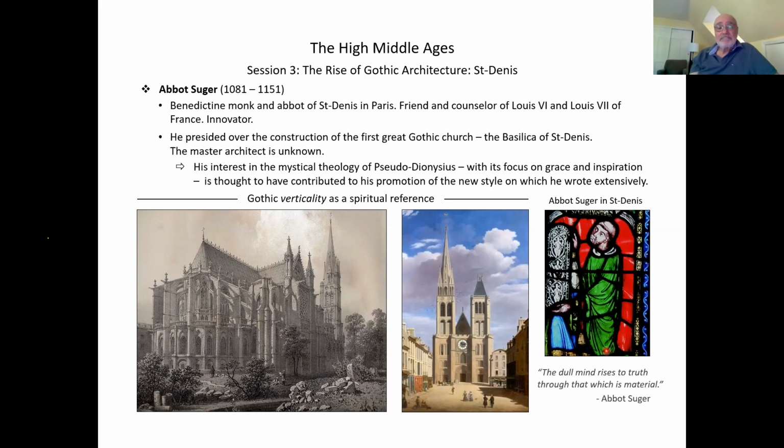And we have a couple of pictures of Saint-Denis. The one in the middle here shows two towers. One tower actually fell in the 19th century. So this is an artist's depiction based on an 18th century drawing of it when it still had the lower spire.